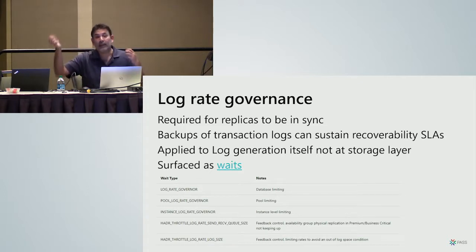If a geo-replica does fall behind a lot, your primary log generation rate can be throttled. So these are all documented in the link there, so you can take a look. It's not only log rate governor. There are a couple of others associated with them. And then Hyperscale has a different set of waits. I'm doing a session tomorrow if you're interested in some of the diagnostics specific to Hyperscale, which are slightly different.